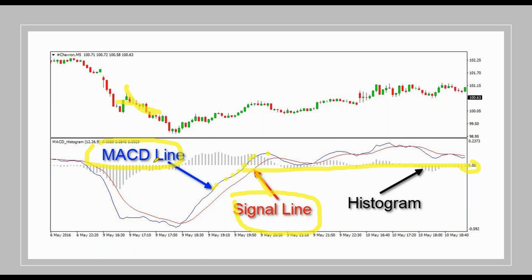Now we get a little bit more complicated. We have to come up with what's called the signal line. The signal line is a 9-period moving average of the MACD line itself. See, like I said, it's a derivative of a derivative of a derivative. So we started out with a 26 and a 12-day moving average.